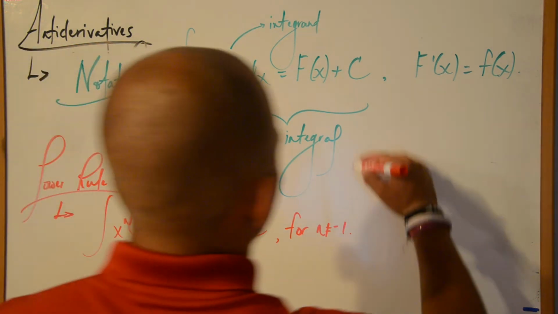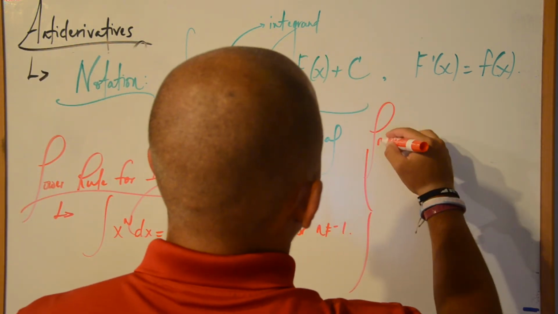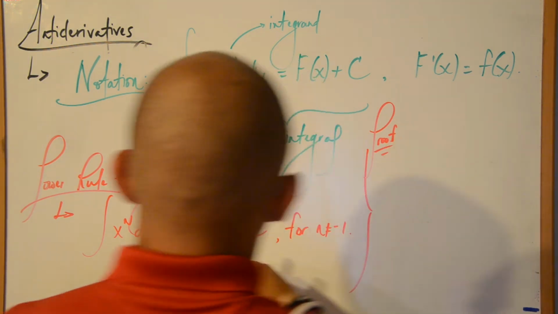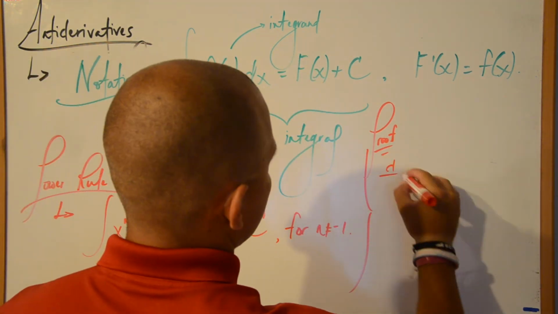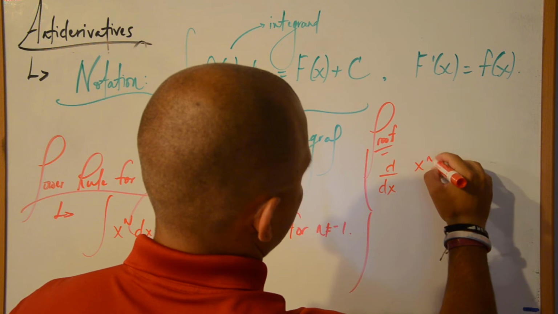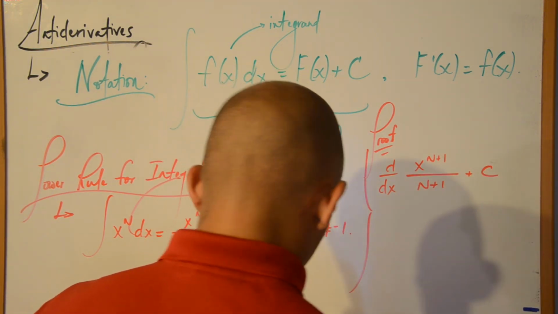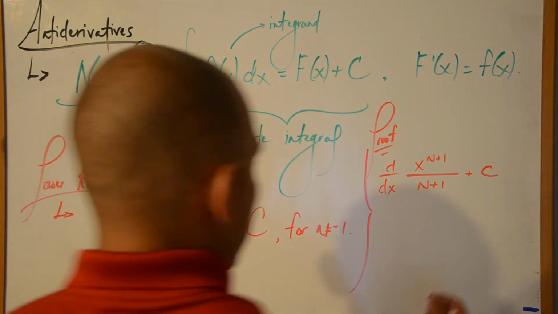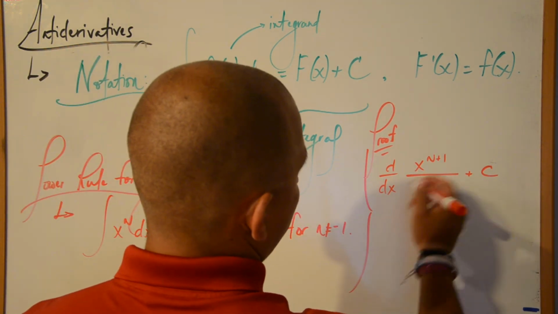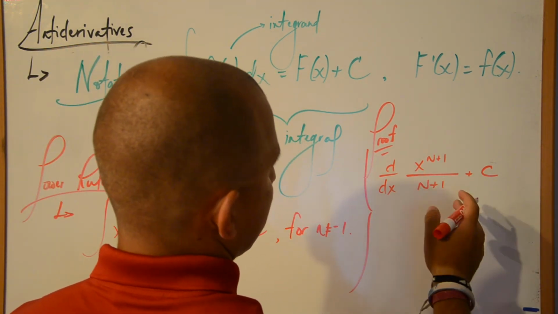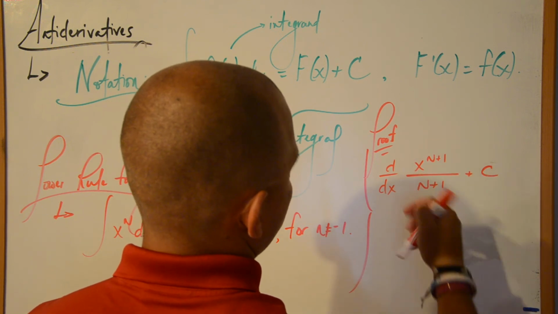Now, let's prove it. Let's derive this bad boy. d dx of x to the n plus 1, over n plus 1, plus c. This rational piece is going to be a constant, so I'm really just going to do the power rule on this upper function.